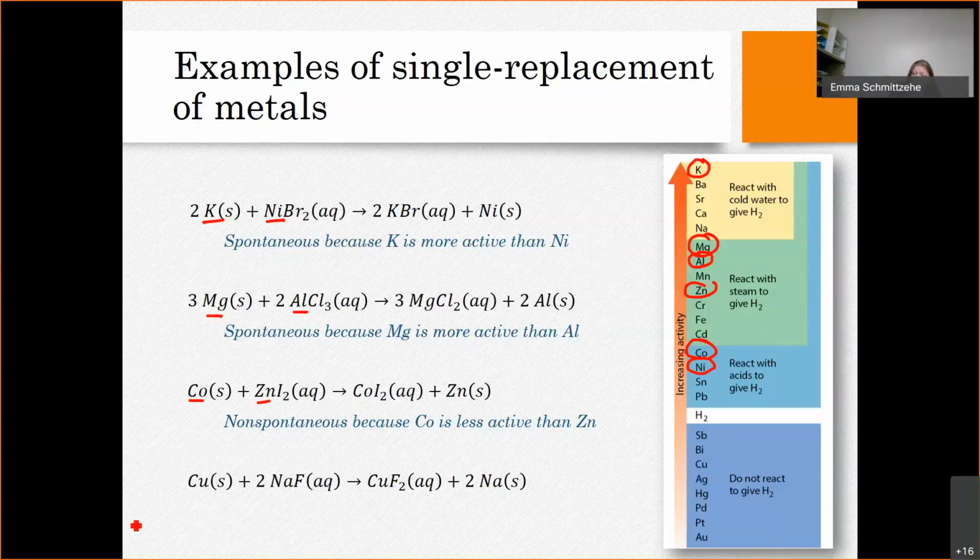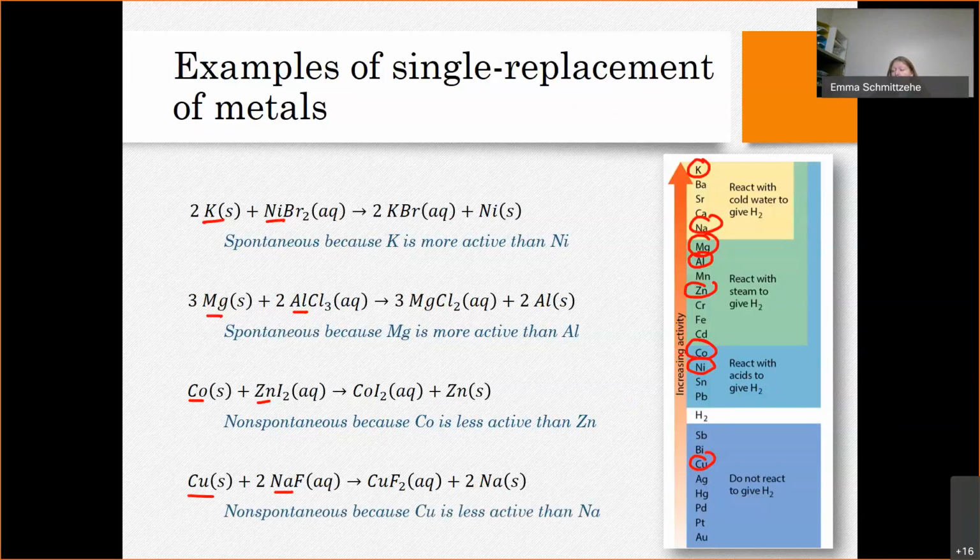Then the last one, we've got copper and we have sodium. And so you find here's copper and then way up here is sodium. And so that one also is non-spontaneous because copper is less active than sodium. Okay, so it's lower down in the list. So it can't replace that sodium.